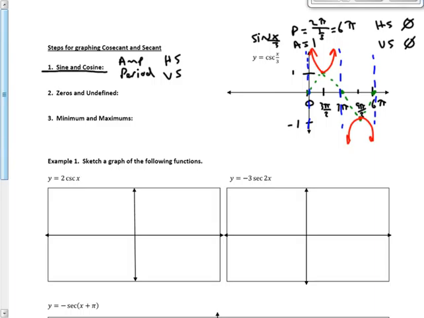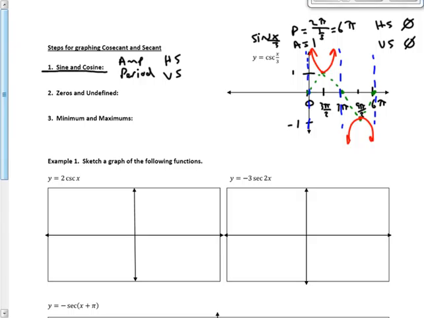And so it really stretched out, and if I were to graph both the sine function and the sine x over 3 function on the graphing calculator, I would see that the sine function is pretty small in comparison to the sine x over 3 function. Same thing happens if I were to do the cosecant and the secant.